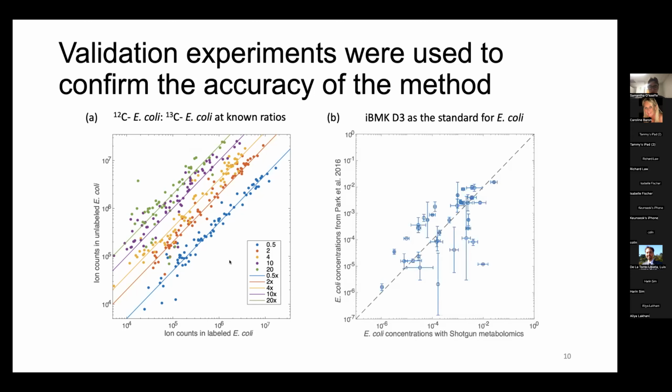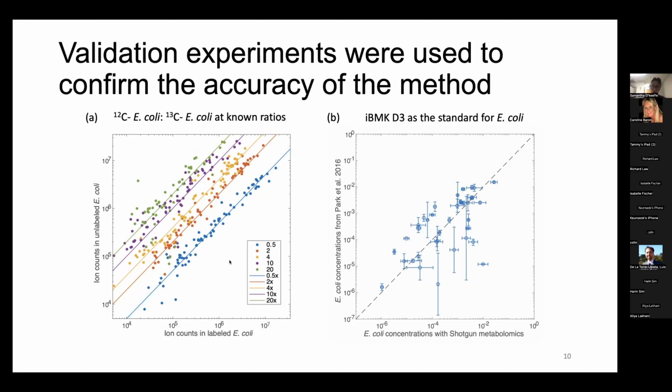We similarly wanted to validate the combined suspension and adherent method. And so we used baby mouse kidney cells as the standard to remeasure concentrations in E. coli. And this data wasn't as good.